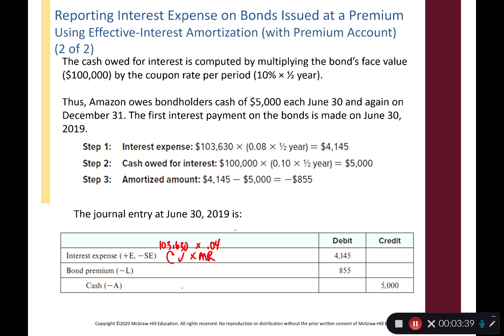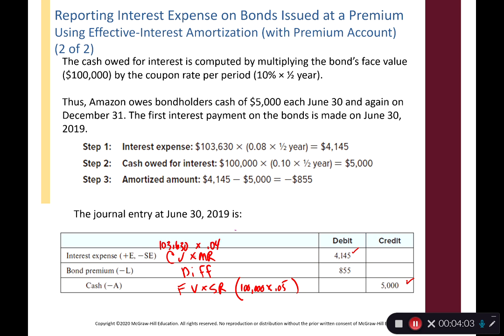The cash amount is still the $5,000 we've calculated about 1 billion times by now, which is 100,000 times 5%. And then 4145 does not equal 5, so the difference is our premium amortization.